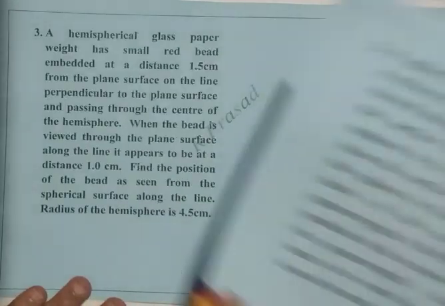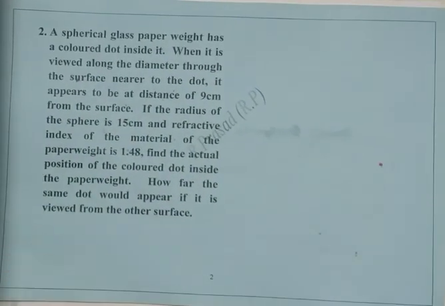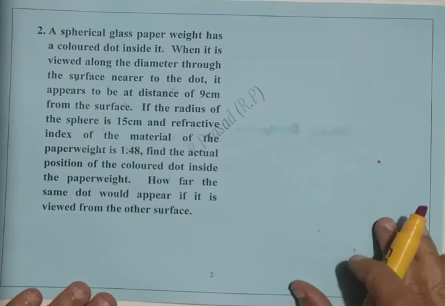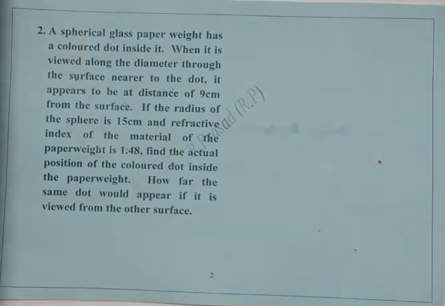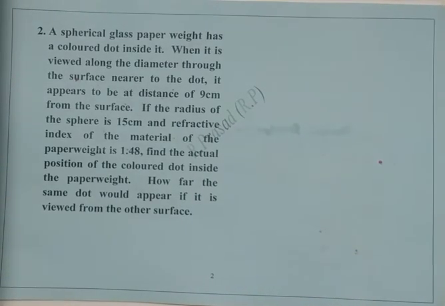Going for the second question now, we read it. A spherical glass paperweight has a color dot inside it. When it is viewed along the diameter through a surface nearer to the dot, it appears to be at a distance of 9 cm from the surface.